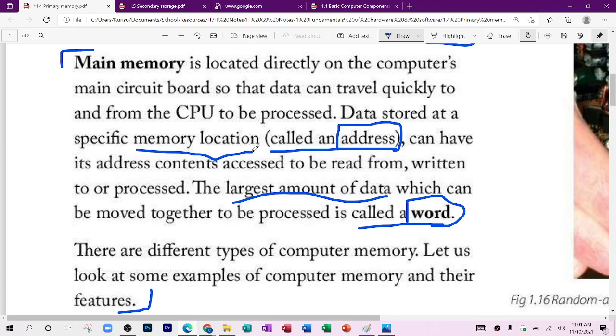Just like how when the postman comes to deliver a letter to your home, to know where you are located, where you're living, they look at your address to find where you are. Maybe you're living at 54 Princess Street, Georgetown. That is your address. So your memory now also has addresses so that the CPU will be able to know where a specific type of data is stored.